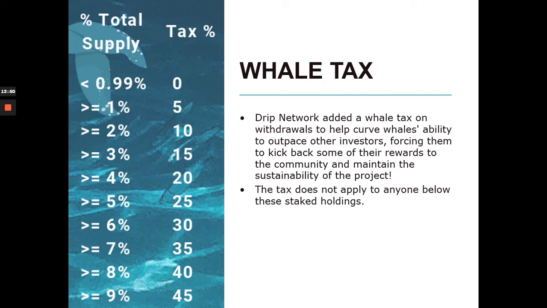The tax does not apply to anyone below these staked holdings. So if you have a large amount of drip tokens compared to the supply, you're going to be paying some big taxes. But by that point, you probably don't care anyway.